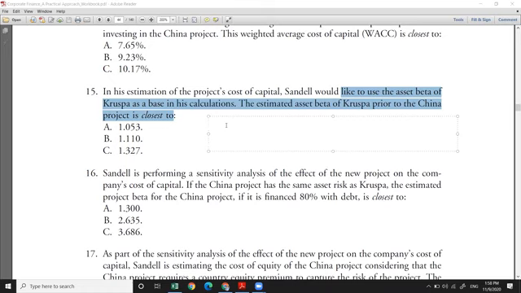So the unlevered beta is equal to 1.3, the levered equity beta, divided by 1 plus (1 minus the tax rate, which is 0.375) times the debt equity ratio, and the debt equity ratio is 900 divided by 2,400.